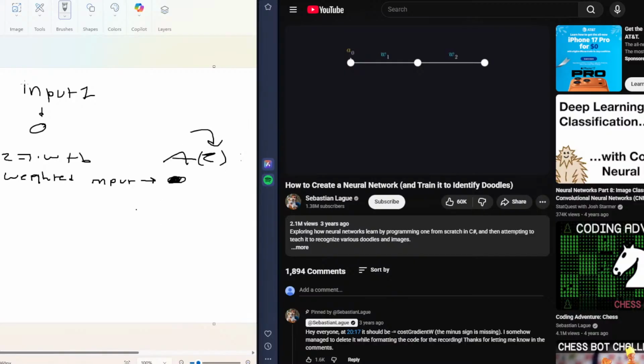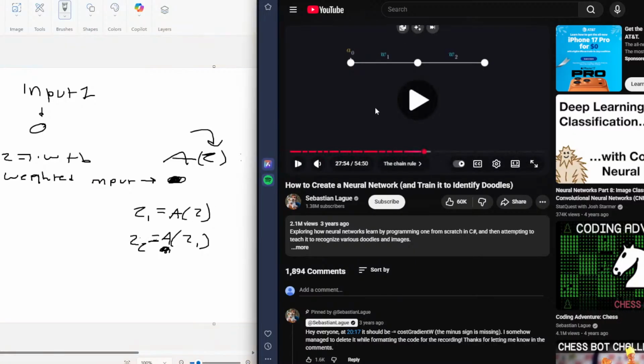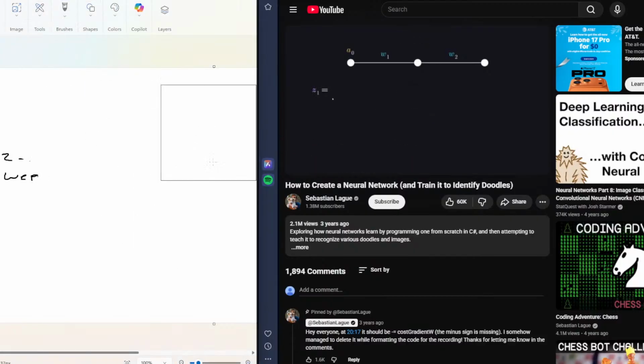So now z2 or 1, I guess you could say, is equal to the activation function of z, and then that gets put into the weighted input for node 3, which should have an activation function for z1, which turns into z2, is my understanding.